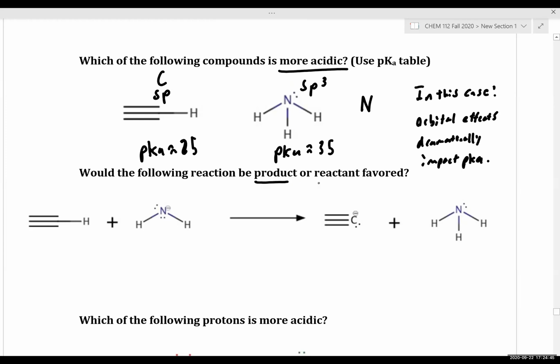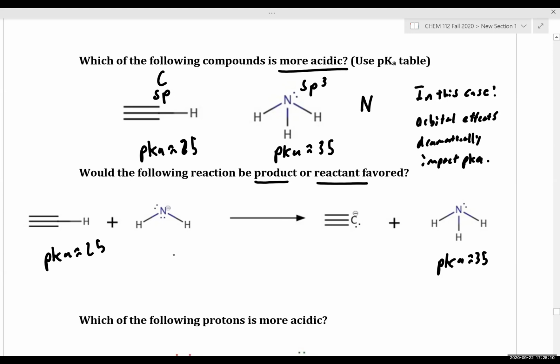So the interesting thing is, if we consider the following example, let's try to see, is the reaction going to be product or reactant favored? So we have a pKa of around 25 compared to a pKa of around 35. Can we use the following nitrogen-centered anion to deprotonate our alkyne?